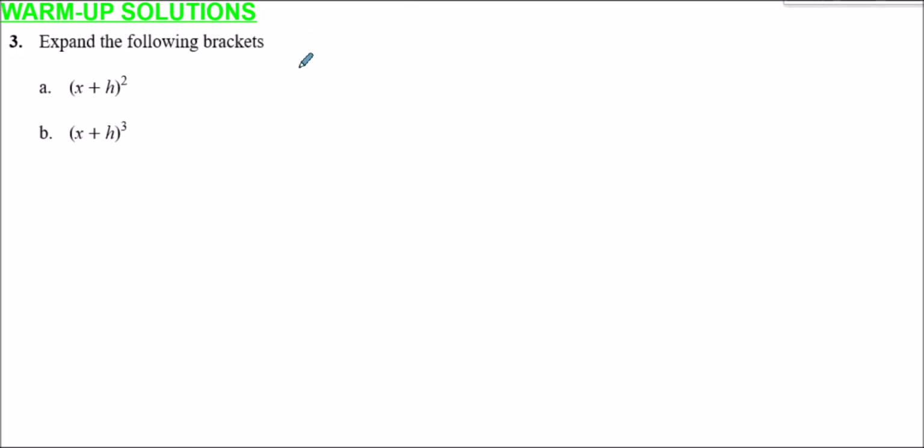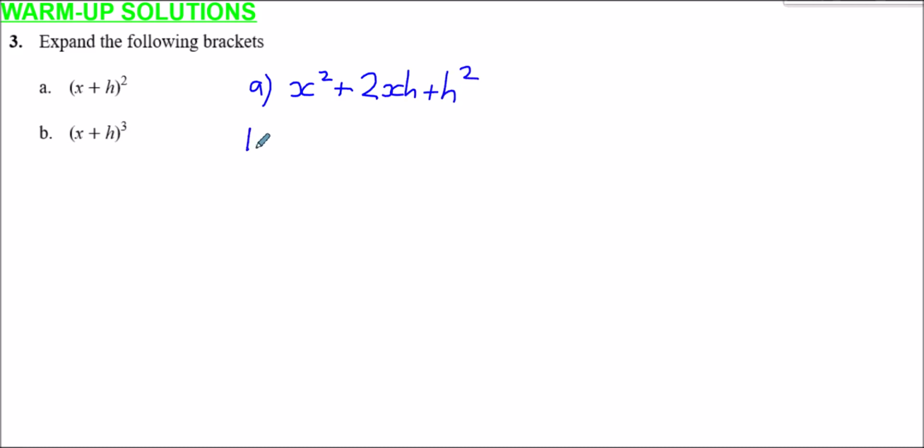Question 3, expand the following brackets. So first of all, (x plus h) all squared. So for a, if we expand a binomial bracket to the power 2, the first term is simply x squared. Then we double the product, so 2 lots of xh, plus h squared.